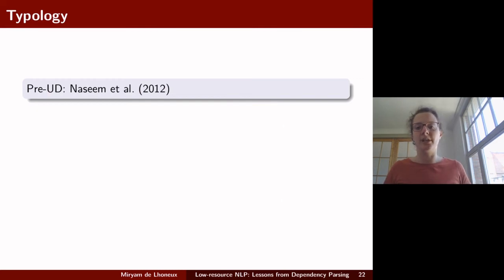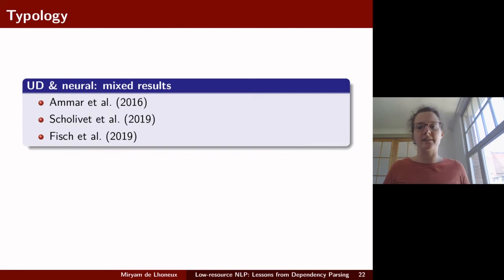Actually, the first work that I'm aware of that tried to use typological features in dependency parsing dates back to 2012, where the results looked quite promising. But they've been applied since using Universal Dependencies and neural-based dependency parsers, and the results have been a little bit more mixed, which might indicate that the baseline is now stronger or might indicate other things.